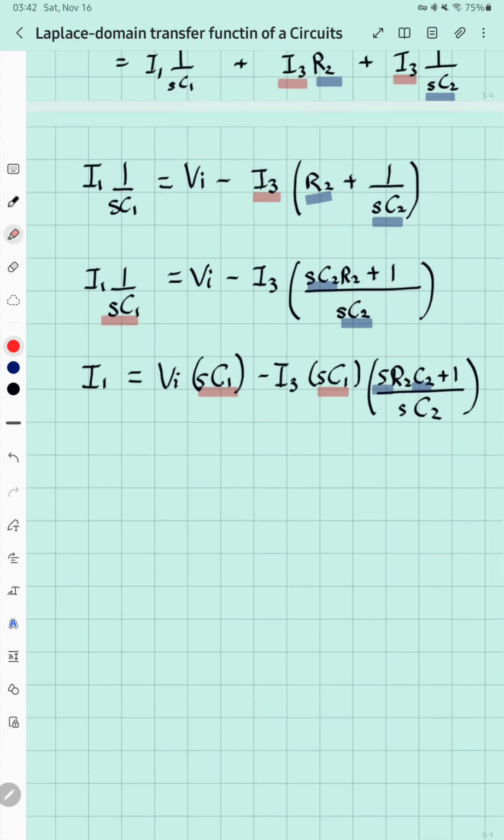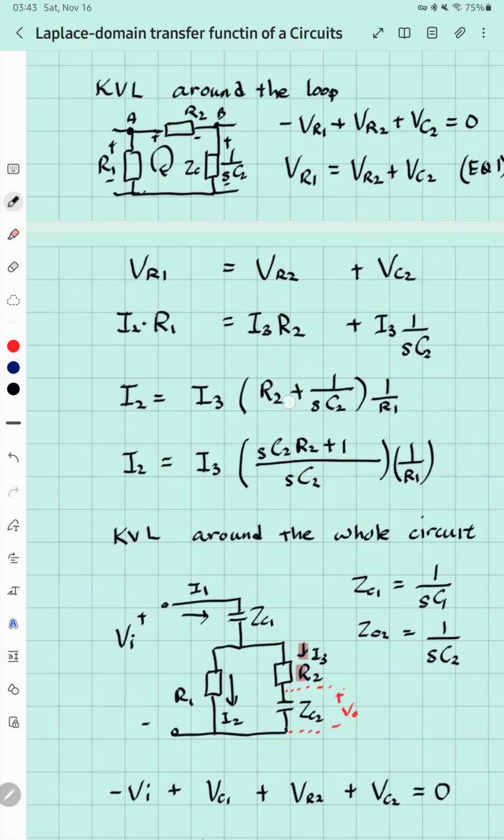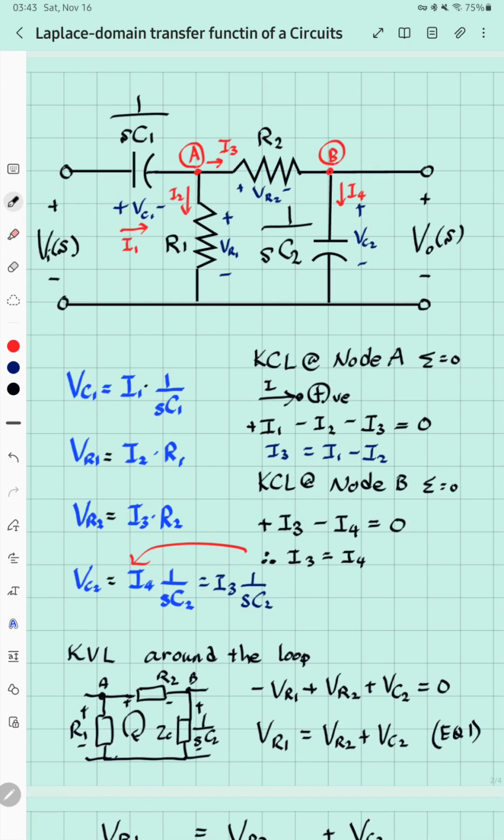So keep going from there, remember from earlier KCL, we had I3 equal I1 minus I2. So if you go back all the way, it is right here.